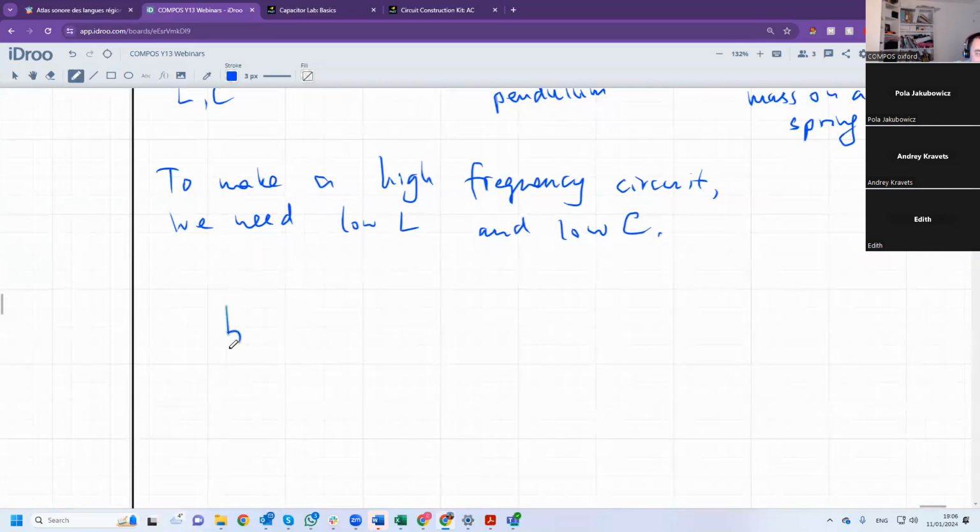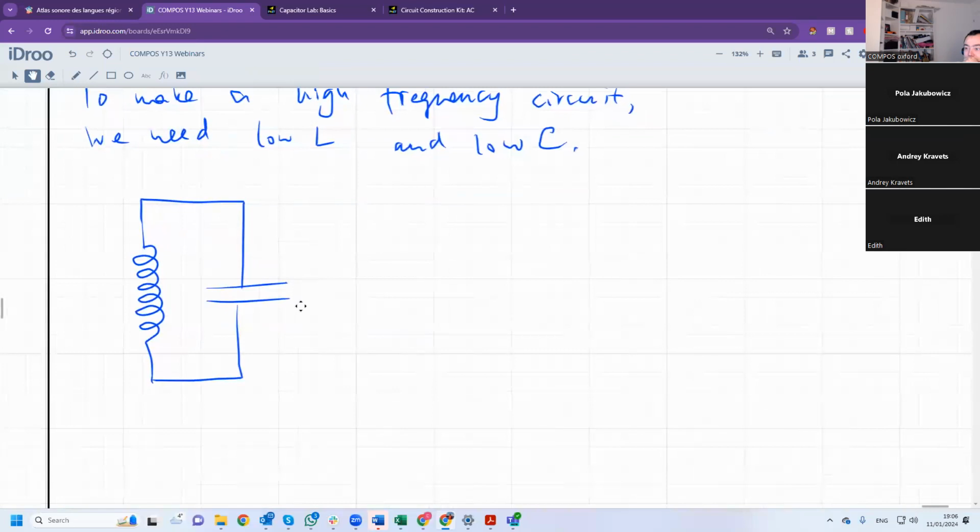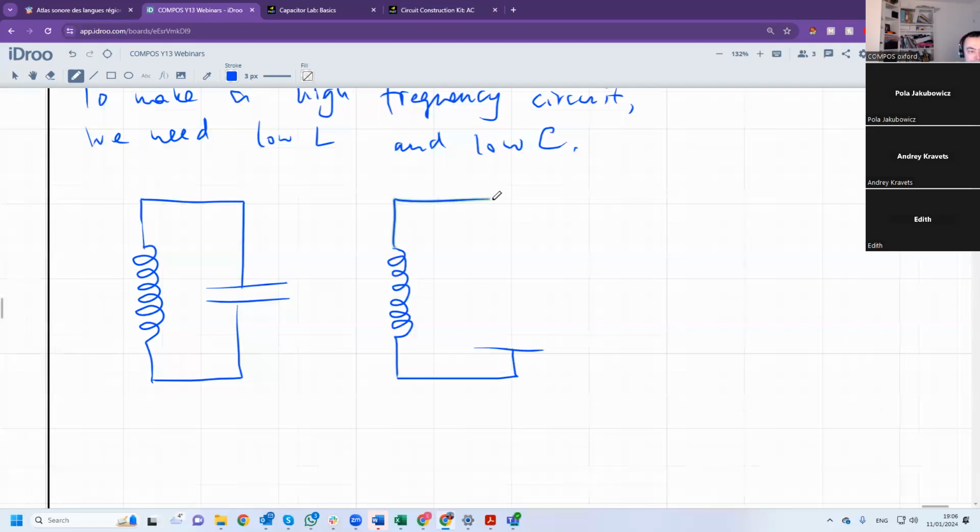So we have a coil and we have a capacitor. What do we need to do to the capacitor? We need to make the plates smaller and further apart. So we move the plates further apart, and now you make them smaller.